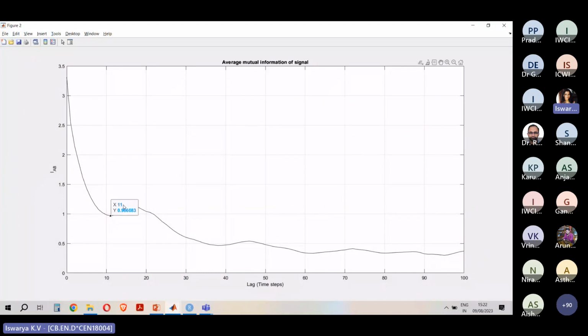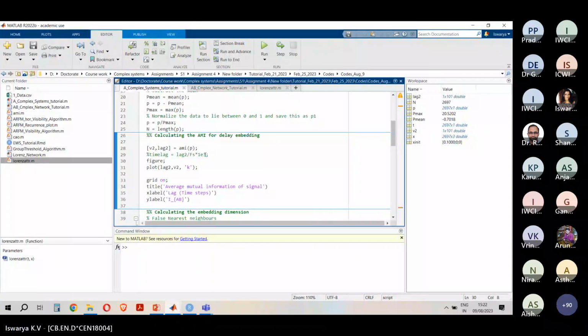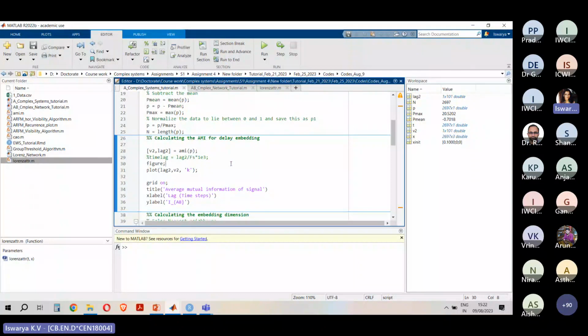So if we delay our time series by 11 seconds, at 11-second intervals, if I take my subsequent time delayed vectors, I can use that to represent the additional state vectors that will represent the complete dynamics of the system. This is the function of the average mutual information.